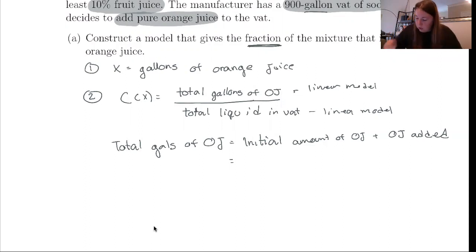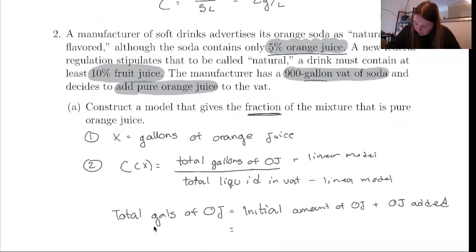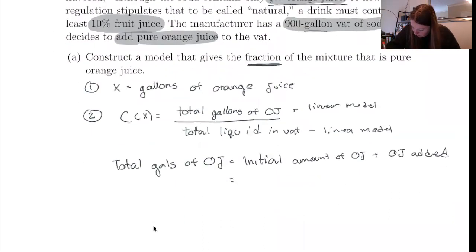Okay. So my initial amount of OJ, my 900 gallon vat is 5% orange juice. So 0.05 of 900. And then how much orange juice am I adding?